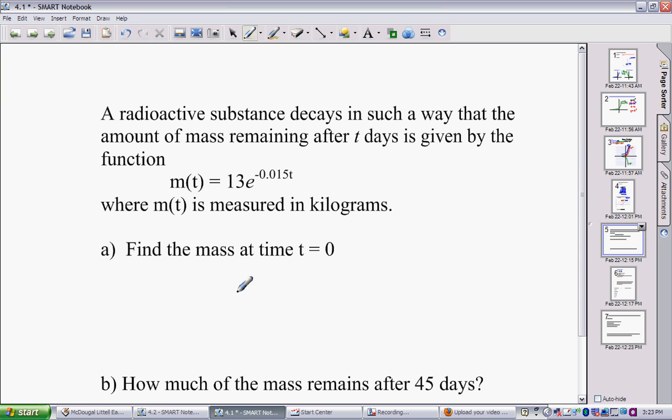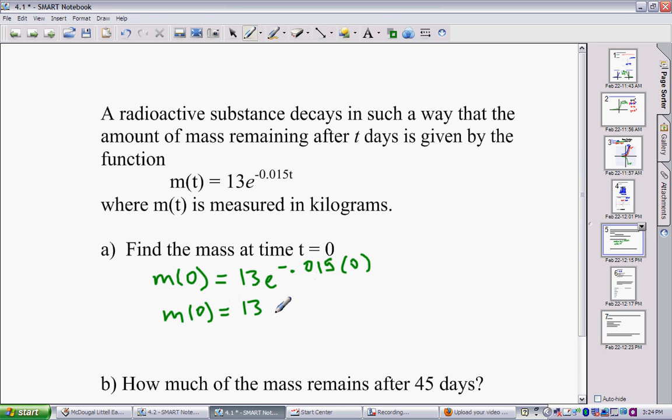So we want to know how much it weighs at time 0, what the mass is at time 0. So we're plugging in t equals 0, so m of 0 equals 13e to the negative 0.015 times 0. This is all going to go to 0 up there.